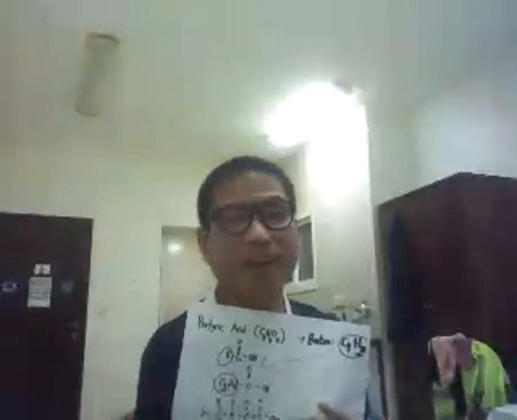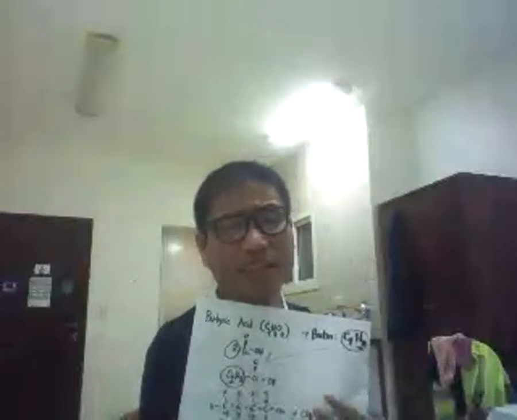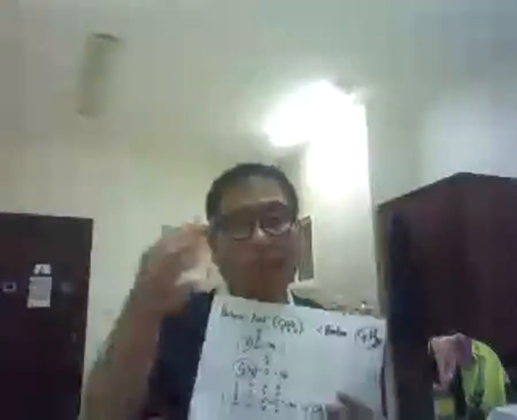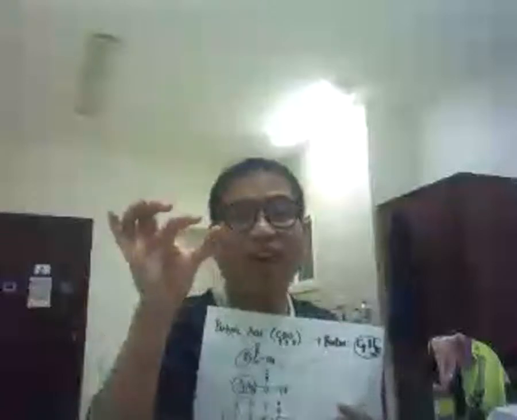So this is an example, right? You work like this, and so on. This is butyric acid. It will produce butyrates, and butyrates are the metabolites. Metabolites meaning they are the ones that really give energy from dietary fiber.